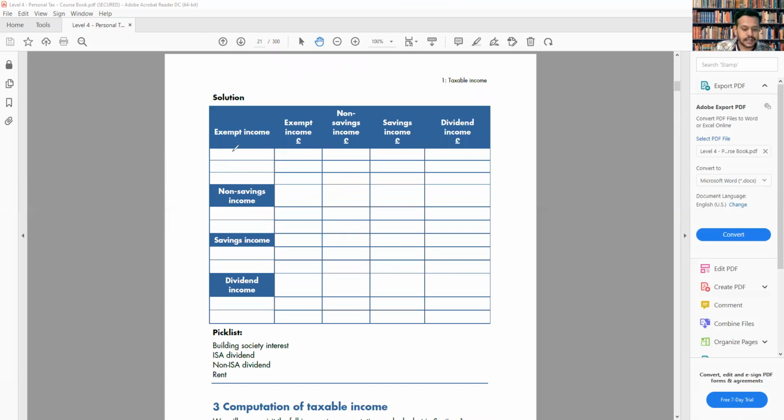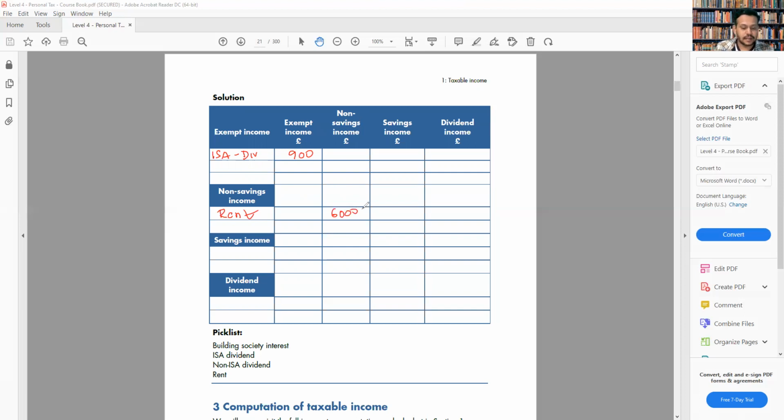The exempt one is the ISA dividend. This is exempted, and that is 900, so we're going to write 900. Then with the non-savings, we have rent, and the non-savings is 6,000.